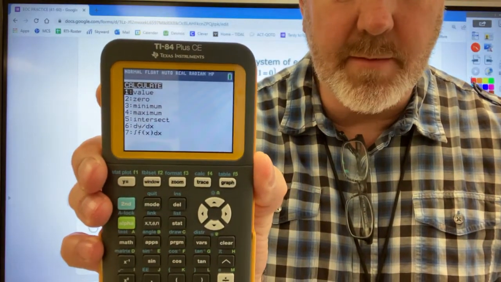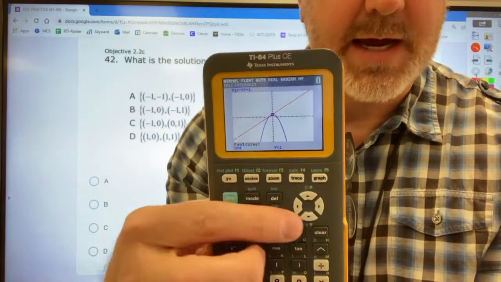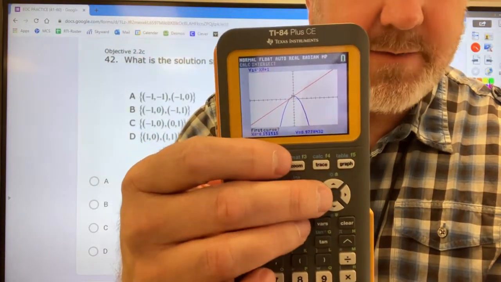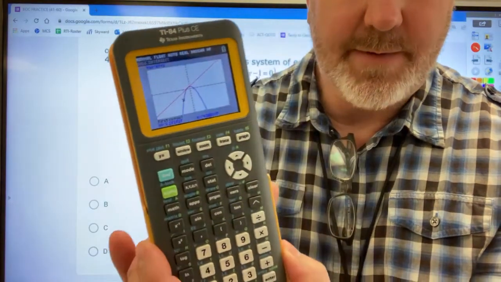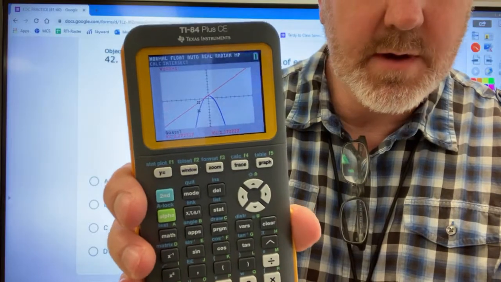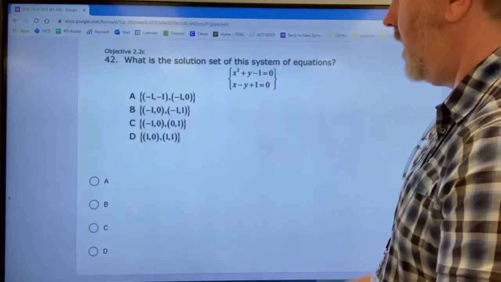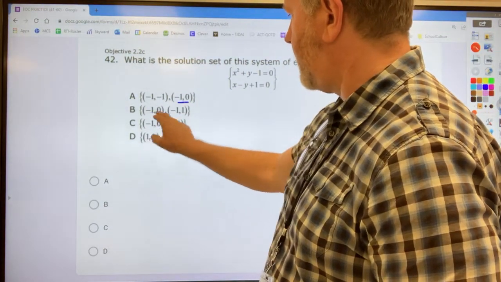We're going to go down to number 5, intersect. And it's a little tricky with intersect, so you've got to play with it a little bit. There's two intersections there, even though they're hard to see. You want to get kind of to the left of one of them, and then hit enter 3 times, and it tells you what that first point is. (-1, 0). So we're definitely looking for (-1, 0), which is unfortunately in this one, and this one.